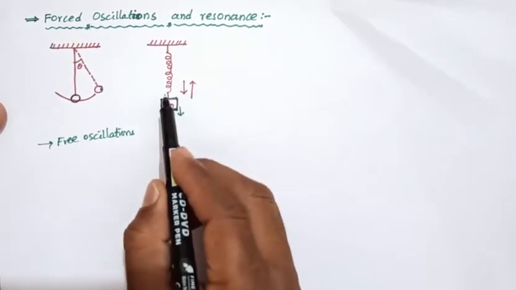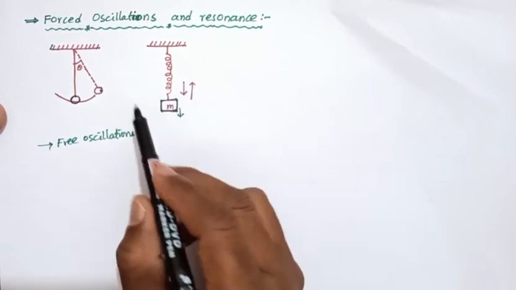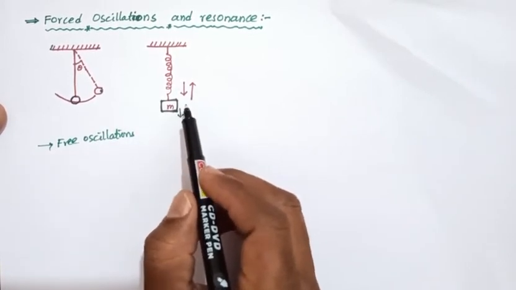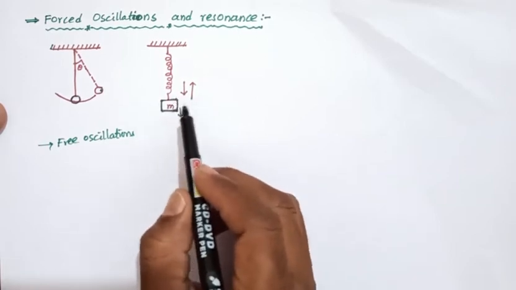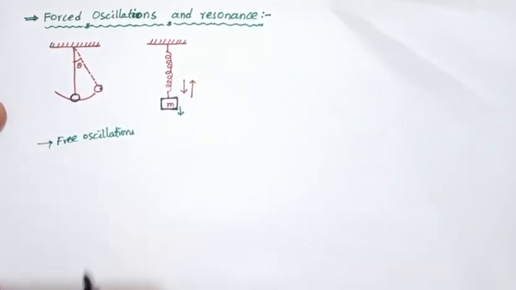In this simple harmonic motion, it oscillates with a particular frequency, and these oscillations are called free oscillations.